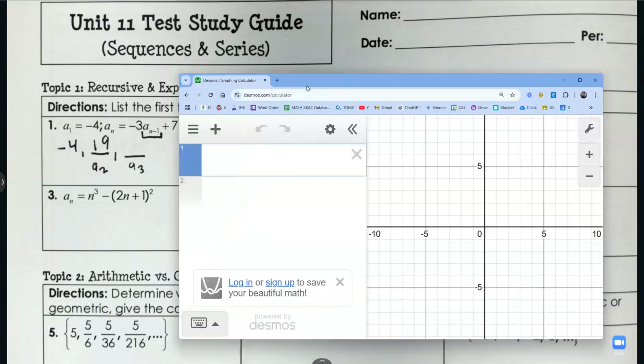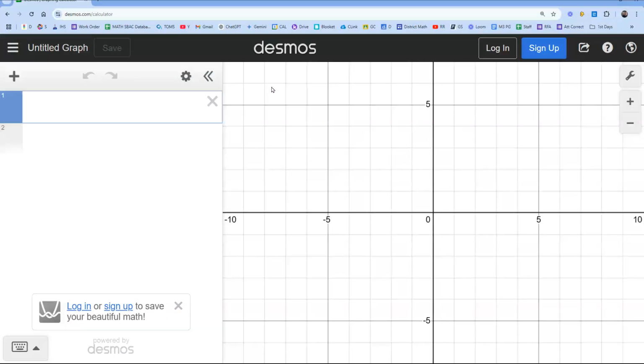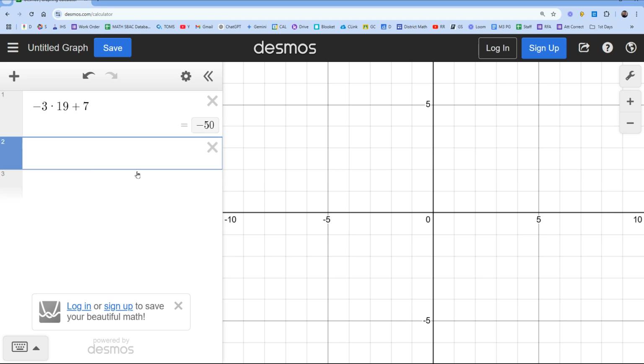All right, we're back. So here's Desmos. And I said on Desmos, we're going to go -3 times 19 plus 7. And I get -50. Now we're going to do it again, the same pattern for the next one. But then again, we're going to go -3 times. But now we're going to use the answer we just got.